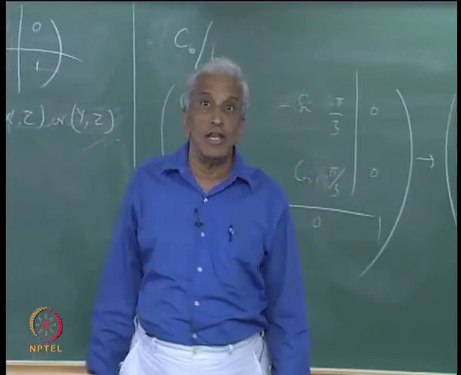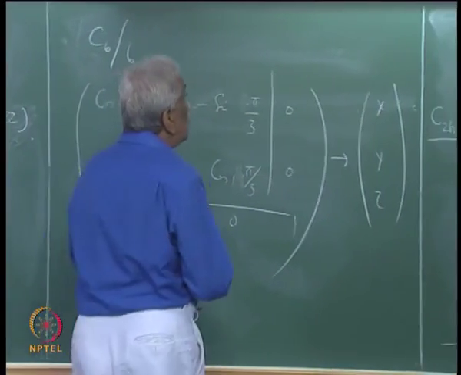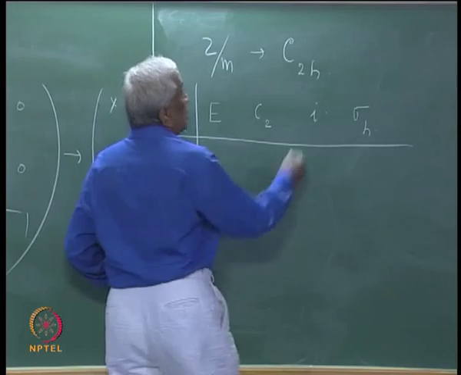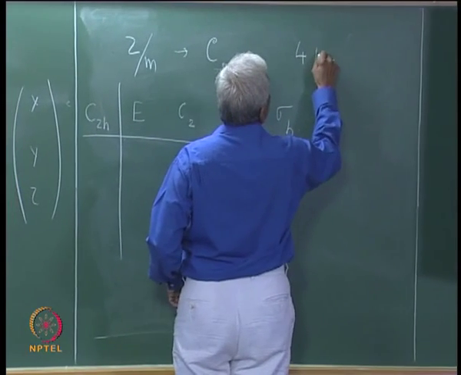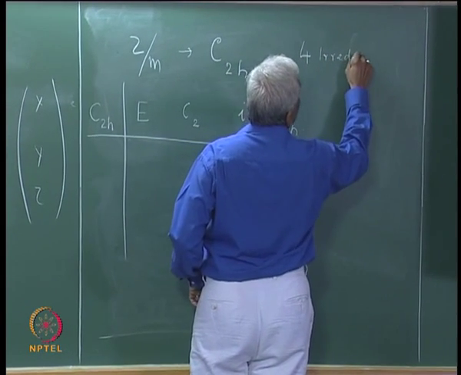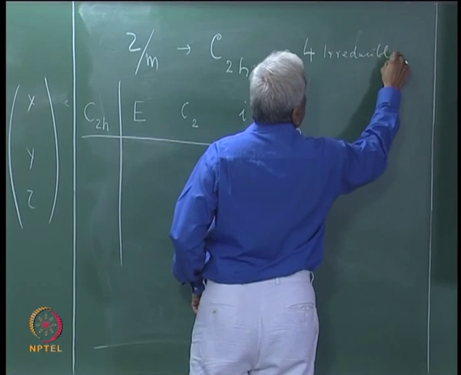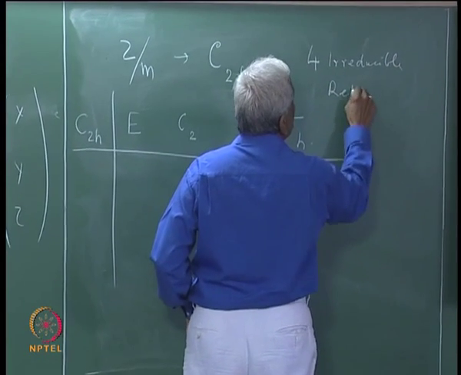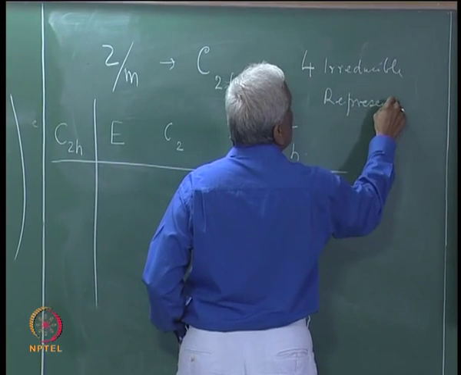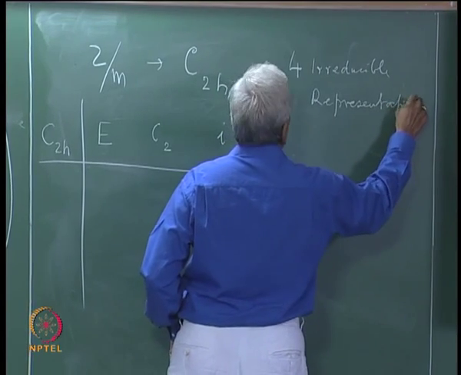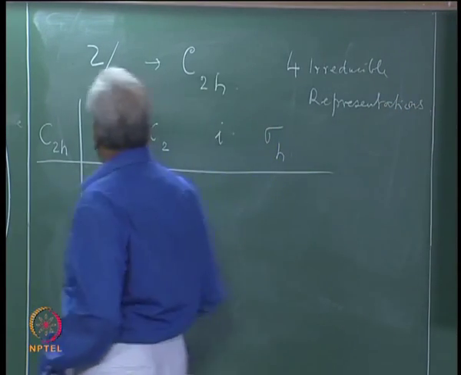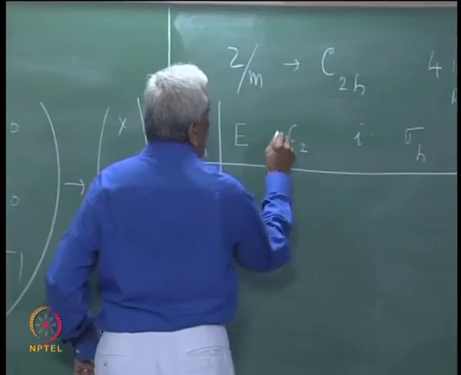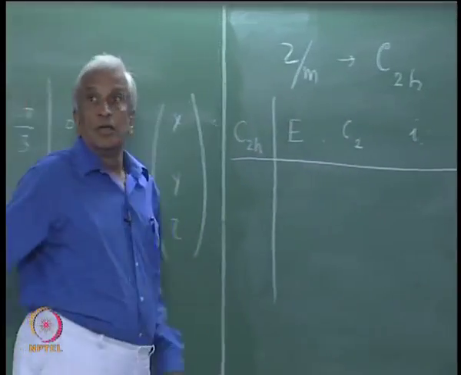So, there are 4 elements in this group, and therefore, there are 4 irreducible representations. The number of irreducible representations is equal to the number of classes really. There are 4 different classes now, 1, 2, 3, 4.